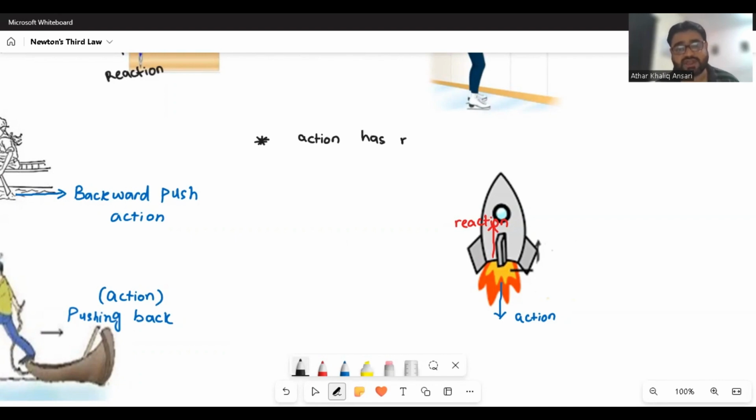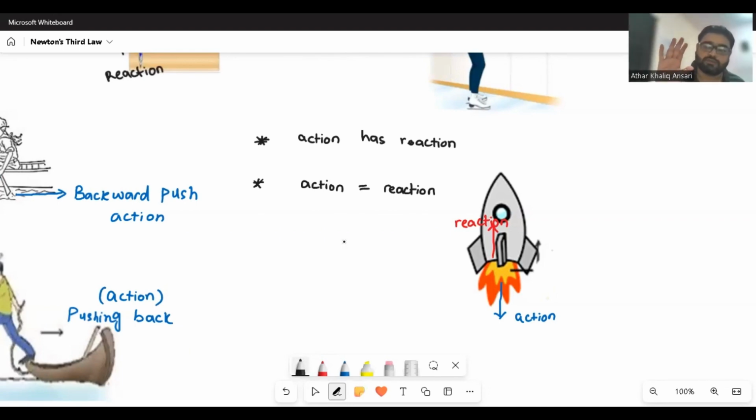So action and reaction are always side by side. Secondly, action is always equal in magnitude to the reaction. As much force as you apply on the wall, the wall will give you that much force in return.